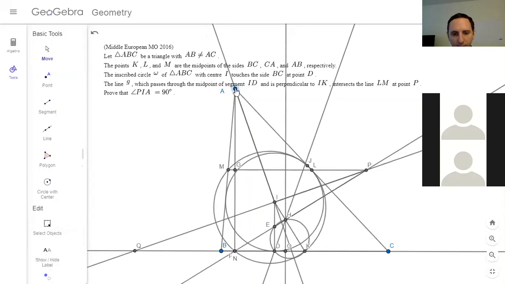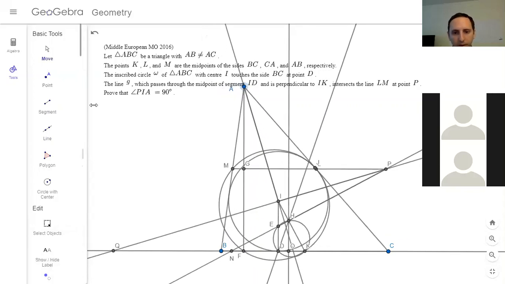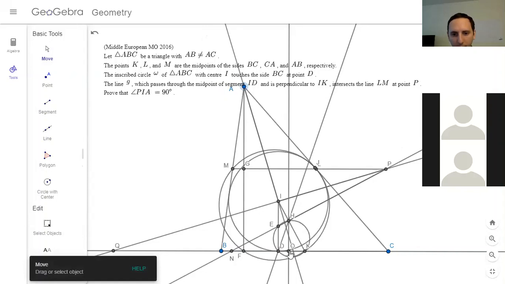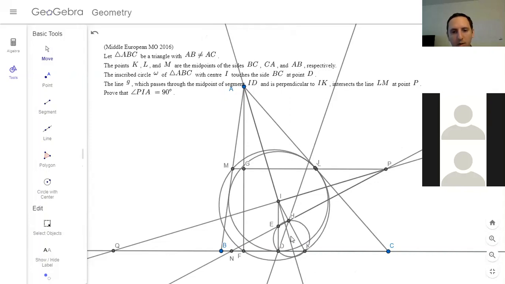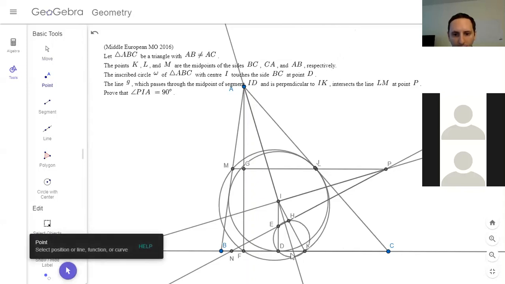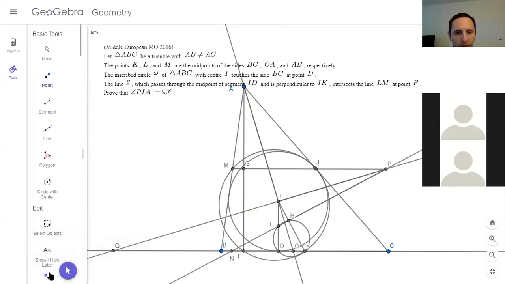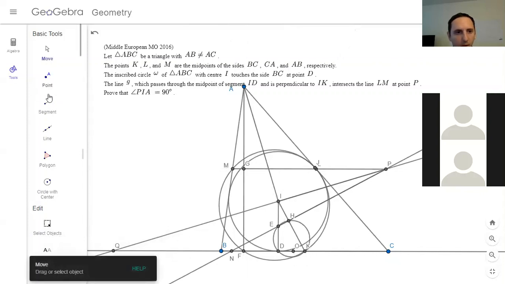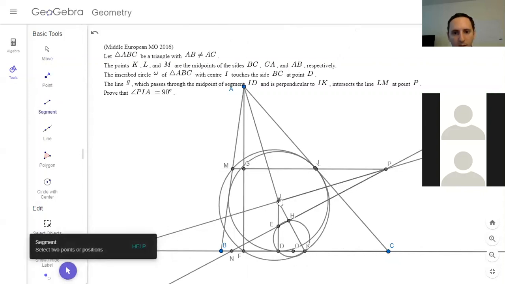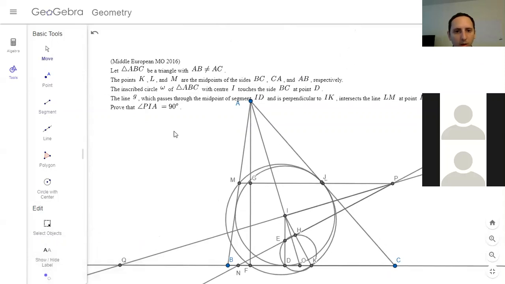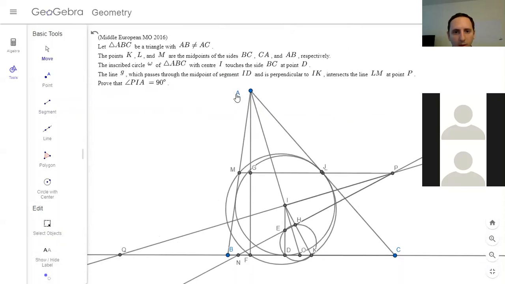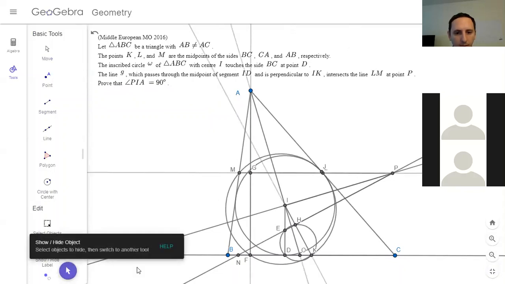So I'm going to want to erase some stuff. I'll erase, what did I add? Point O. This. We'll erase that for now. So AI meets BC at point O. Let me make this a little neater.